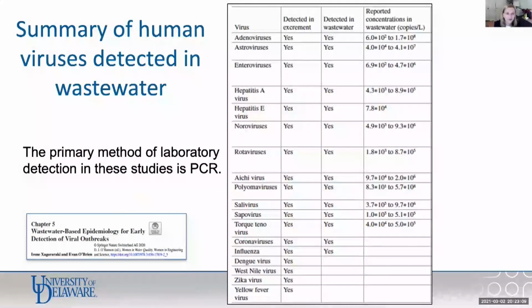So on this slide, you can see a variety of the different viruses in particular that have been analyzed through wastewater. And the primary method for all of these is laboratory detection using polymerase chain reaction. And of course, the coronaviruses are there, including SARS-CoV-2 as well.